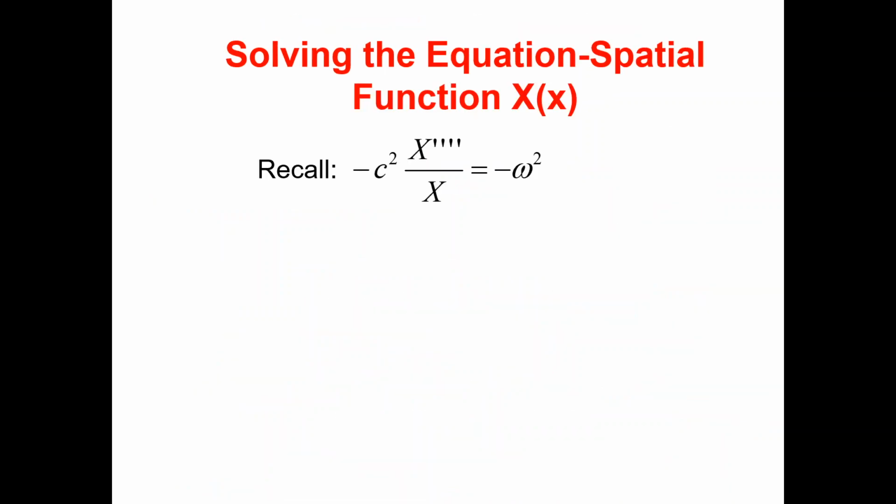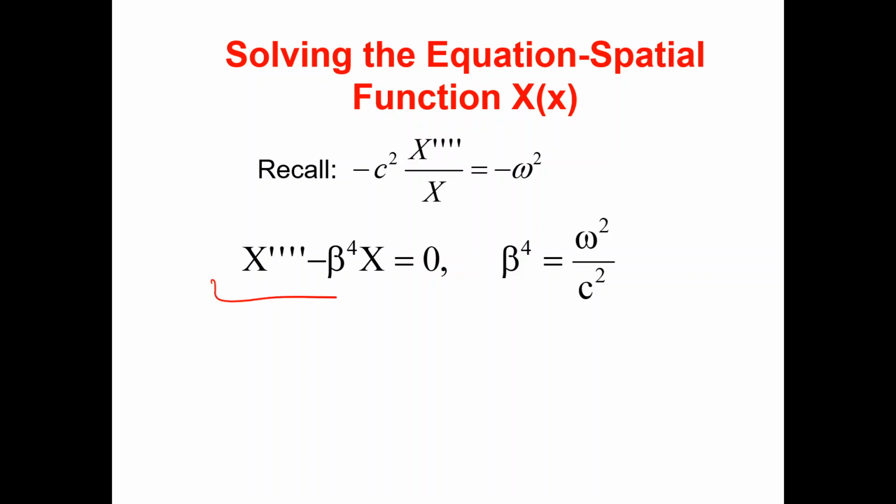Okay, so the first step is to solve the equation for the spatial function, or the location-based function. Recall that the function was like this: negative c squared X fourth prime over X is equal to negative omega squared. You can rewrite this function by defining this new parameter beta. So beta to the fourth is going to be equal to omega squared over c squared.